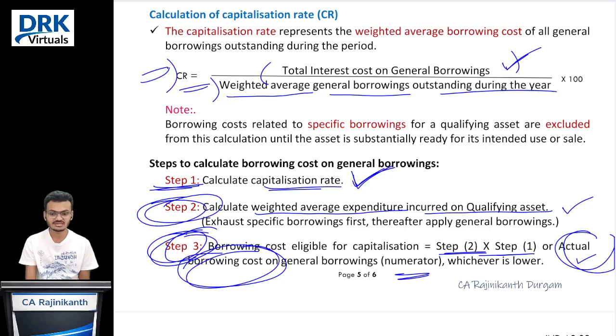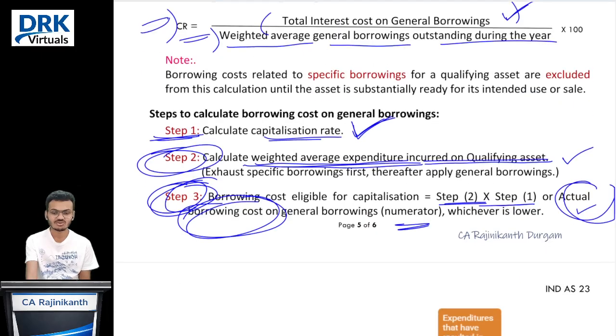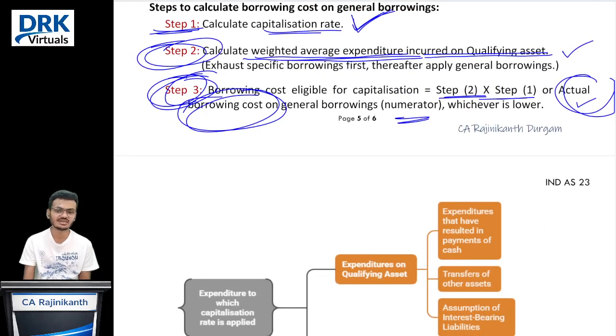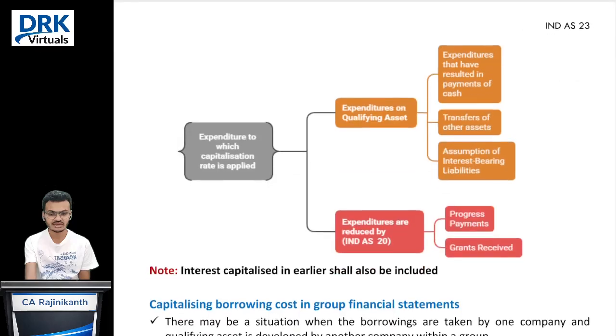Okay. Sir, in step 2 we discussed the weighted average expense incurred on the qualifying asset. So what are all the expenses we consider in that? The standard says expenditure that has resulted in cash payments only. It's not accrual basis. And transfer of other assets. Suppose we are constructing a building, that is a qualifying asset.